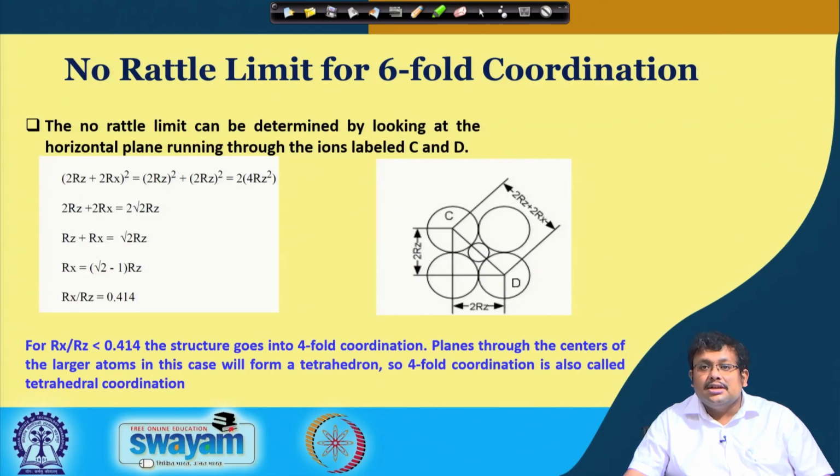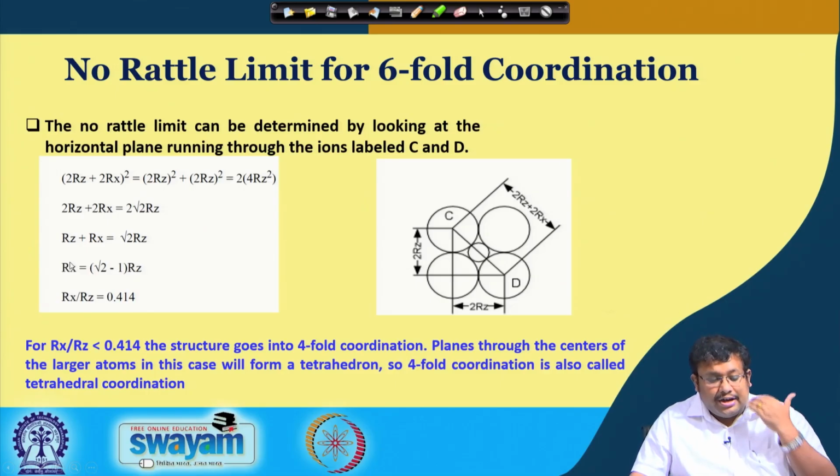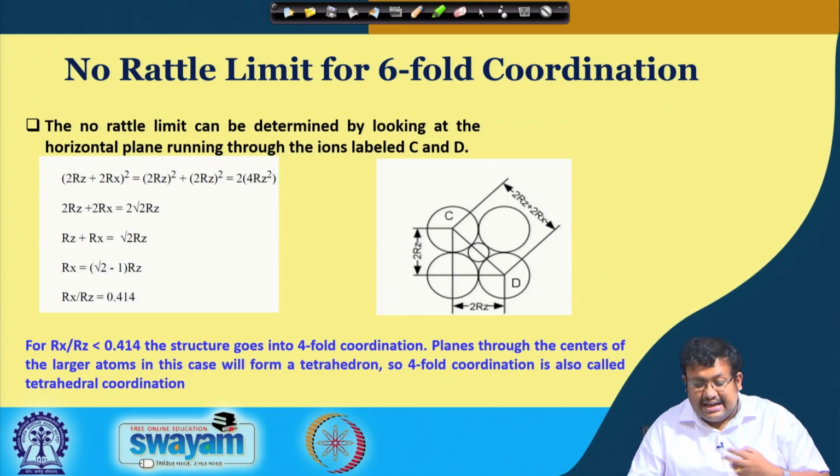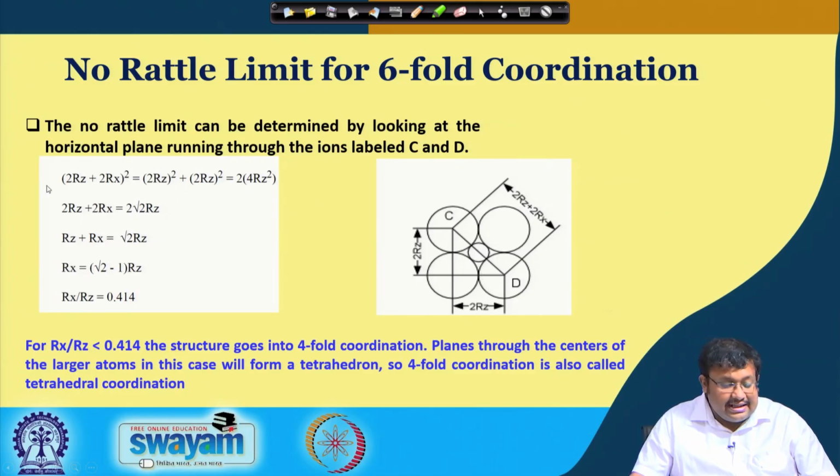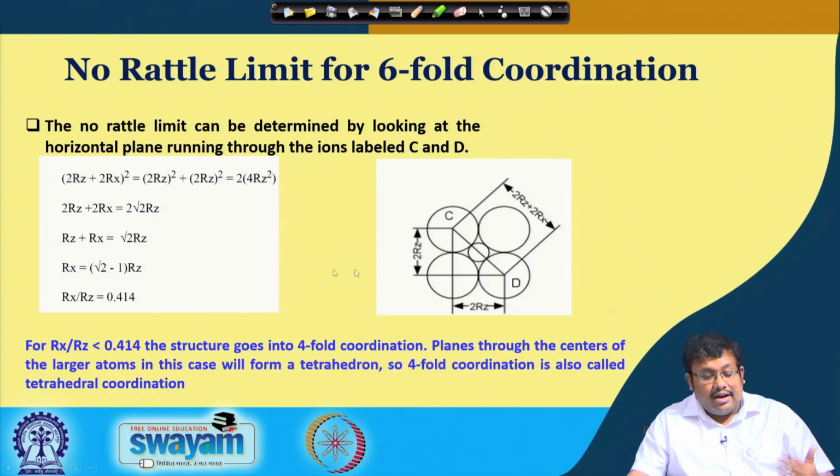So, let us see how it happens. If we consider the no rattle limit for 6-fold coordination, we get a similar type of calculation. The no rattle limit can be determined by looking at the horizontal planes running through the ions labeled C and D. Based on the Pythagorean theorem, the square of this line, 2 Rz plus 2 Rx, is equal to 2 Rz squared plus 2 Rz squared, since here also the summation of the radii of the anions is Rz plus Rz, 2 Rz.